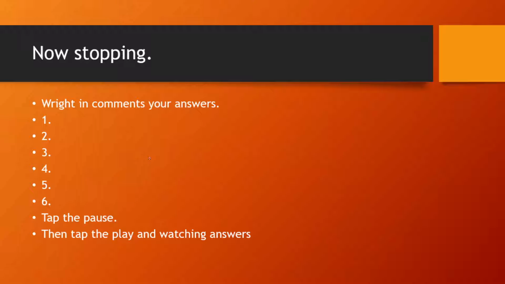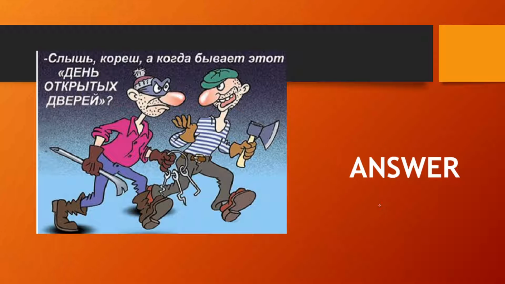Then after you comment on this video with six answers, tap play and watch the answers. Now please stop the video. Okay, you stop. Play. Let's go and see the answers.